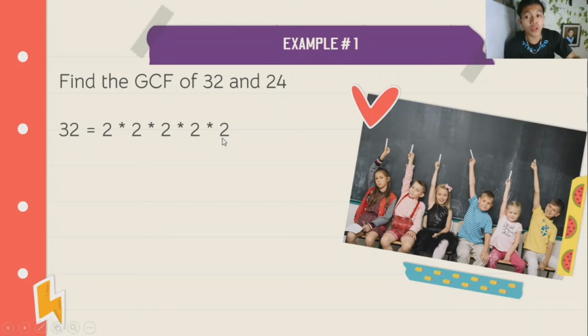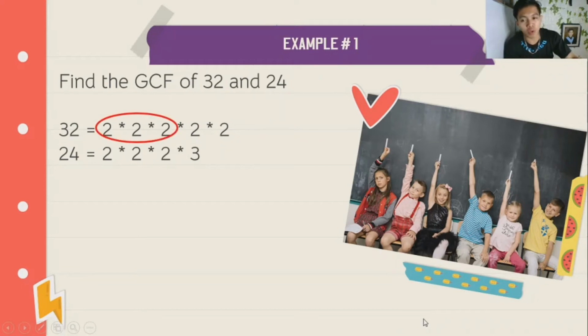Times 2, 32. No? So, tama yung prime factors natin. How about 24? 24 is 2 times 2 times 2 times 3. No? 2 times 2, 4. Times 2, 8. Times 3, 24. Now, pansinin natin yung prime factors niya. May pagkakaparehas ba sila?